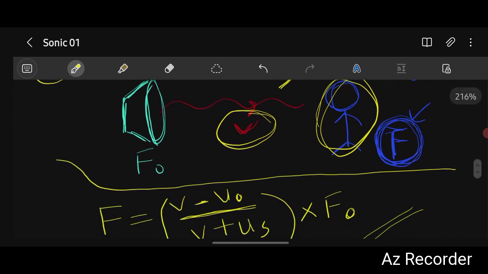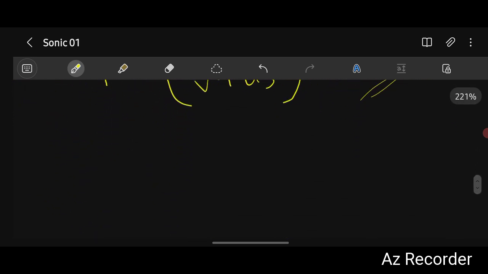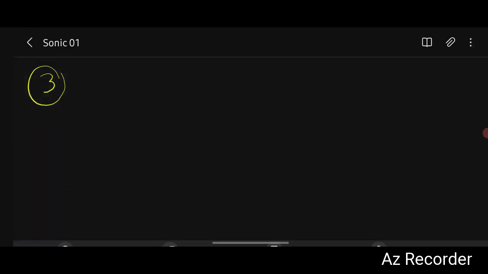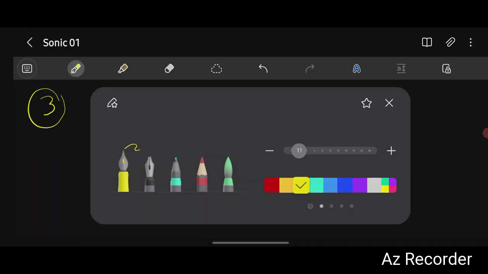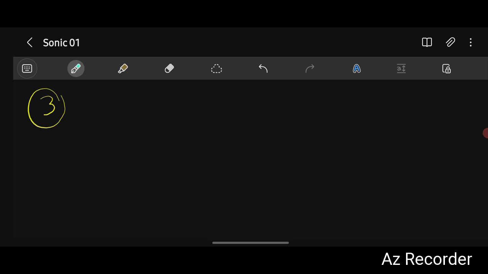Okay, let's move to the third instance. In this instance, both the source and the observer are moving in the same direction.